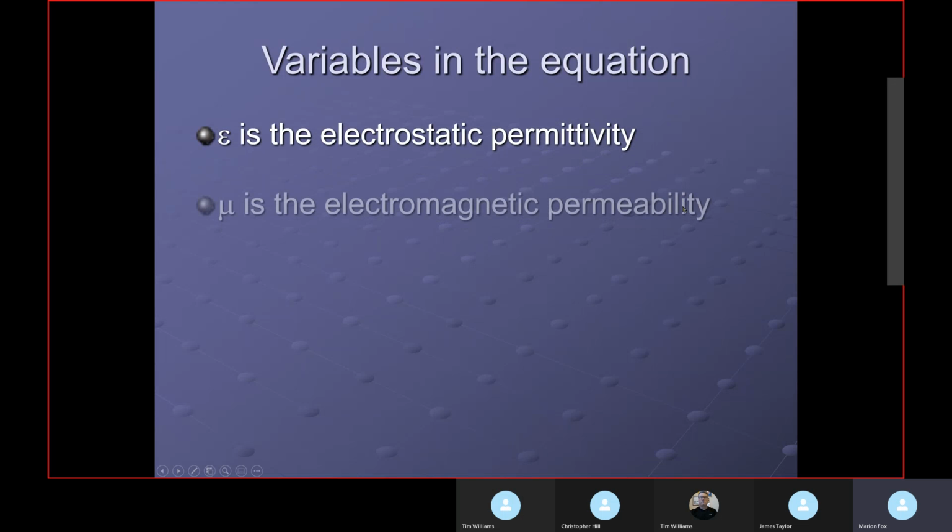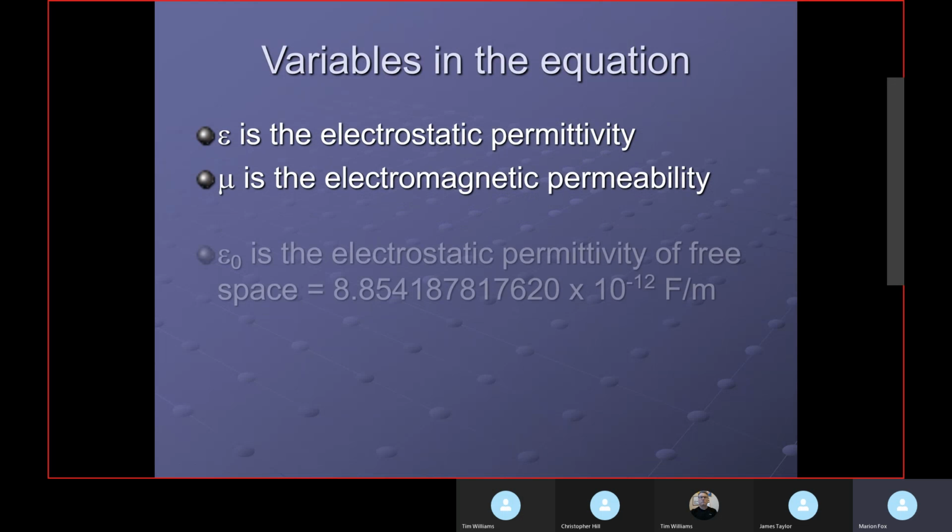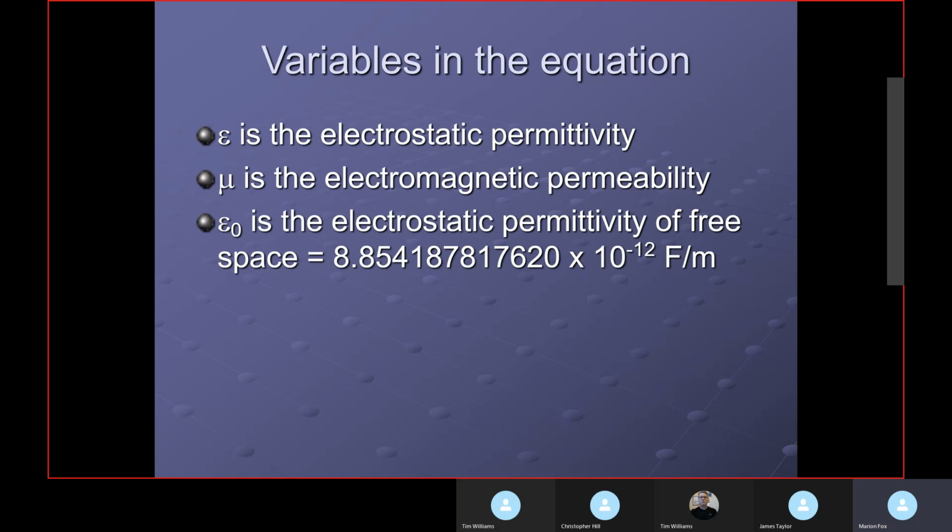Epsilon is electrostatic permittivity, mu is electromagnetic permeability. Epsilon sub 0 is the electrostatic permittivity of free space, and the number given here carries out quite a ways, in farads per meter.